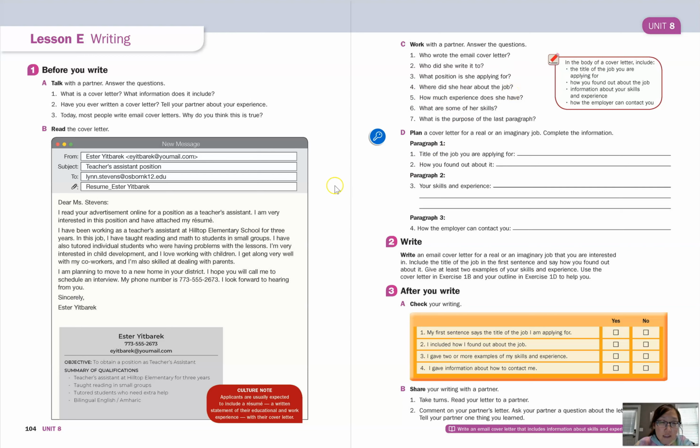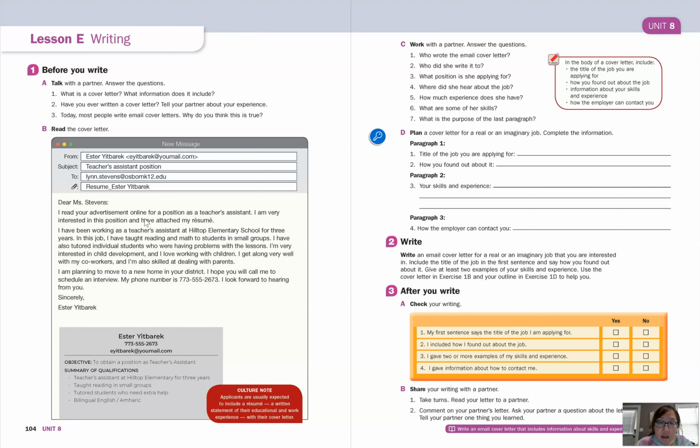Okay, so we can see that she read the advertisement online. So you can just say she read the advertisement online, or you could say she heard about the job on the internet, or she read, well, not heard, because she read it. So you can say she read about the job on the internet.